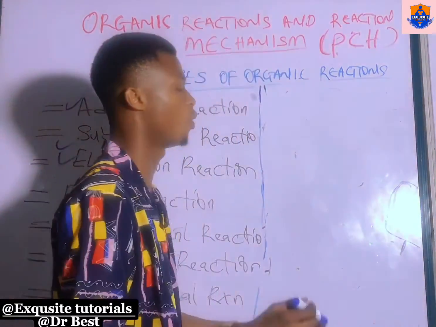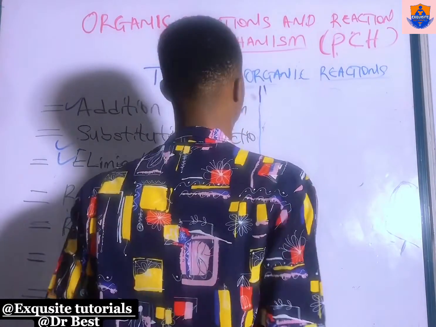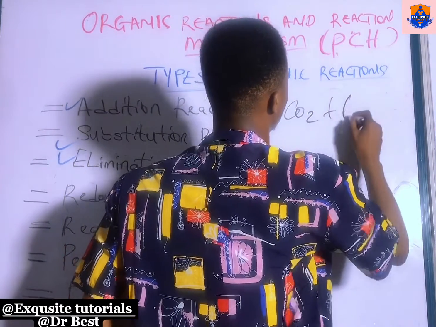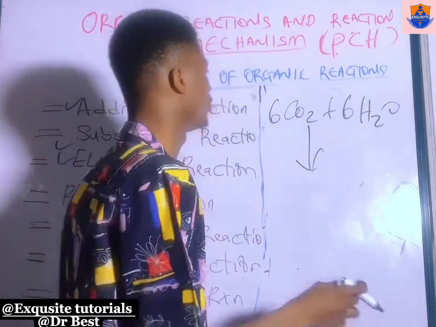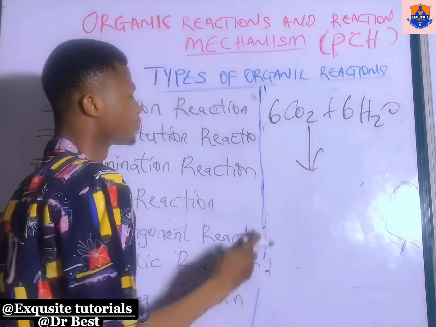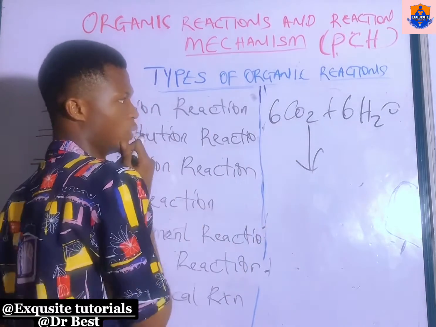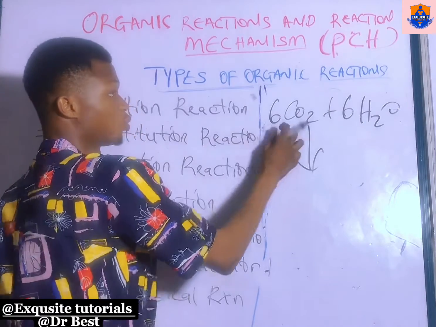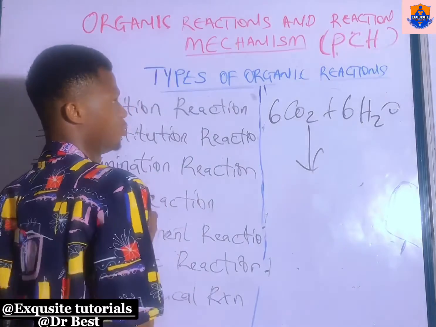Now, let's say, for example, what happened in this reaction that gives us glucose, 6CO2 plus 6H2O, carbon dioxide and water, to give us glucose and oxygen, right? Now, in this reaction, this is CO2, right? Having 12 atoms of oxygen, and this is water having 12 atoms of hydrogen.